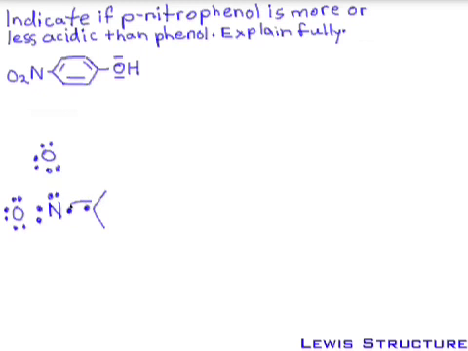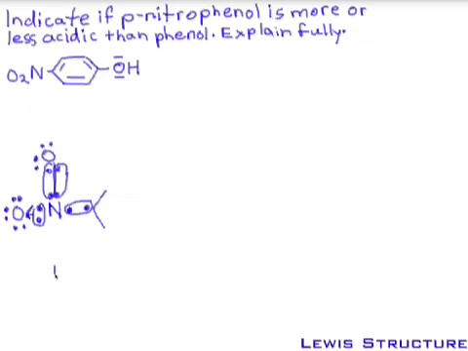Nitrogen binds to the carbon of the aromatic ring. Makes that bond. One of the oxygens will make a double bond to nitrogen. That gives 2, 4, 6, 8, 2, 4, 6, 8. So these 2 electrons will be dumped in a dative bond.